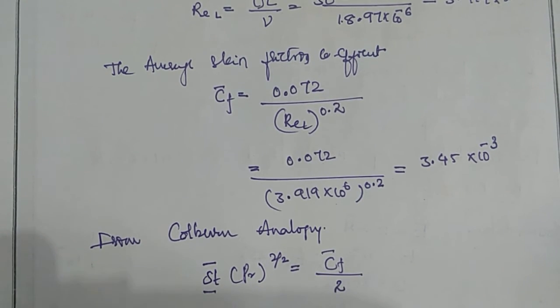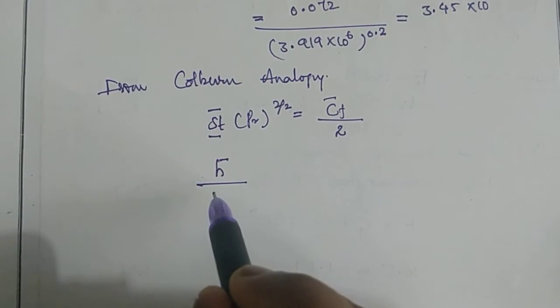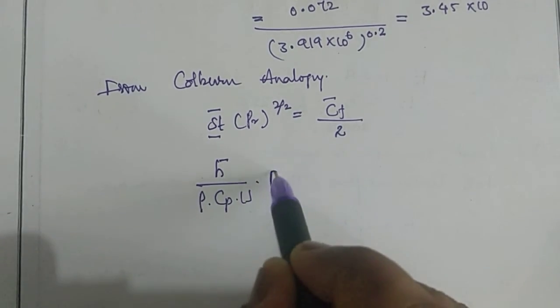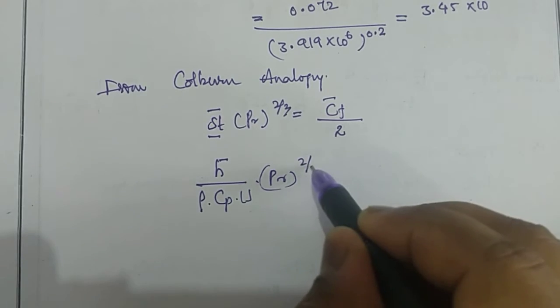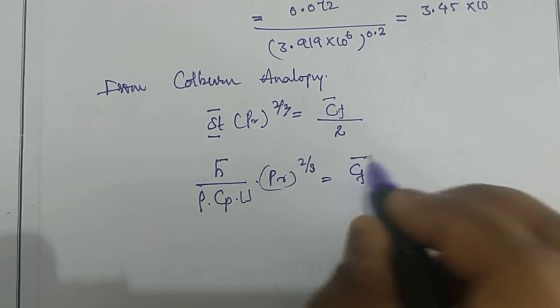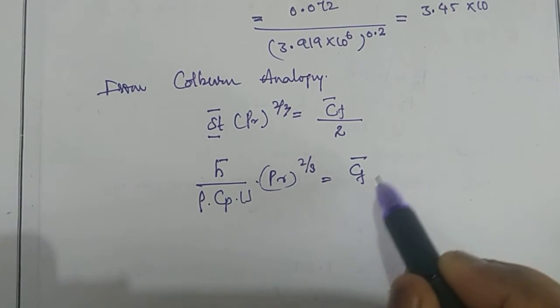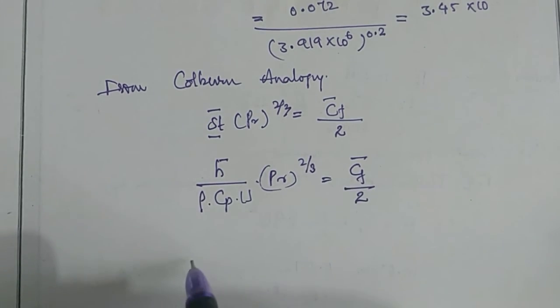Stanton number can also be written in terms of the heat transfer coefficient h bar divided by rho Cp U, into Prandtl number to the power of 2 by 3, is equal to Cf by 2.